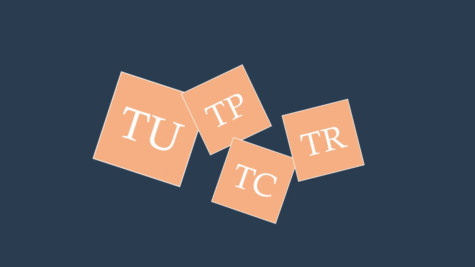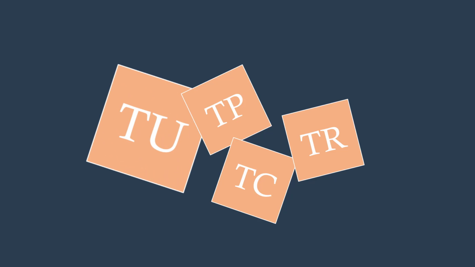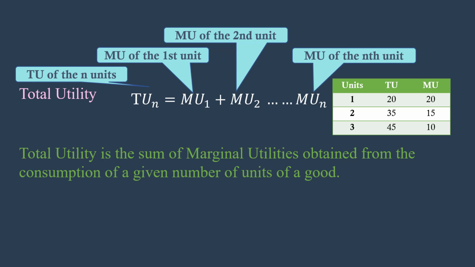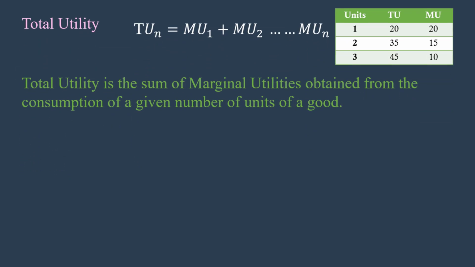We shall turn to the definitions of total utility, total product, total cost, and total revenue. We shall start with the definition of total utility. Total utility is the sum of marginal utilities obtained from the consumption of a given number of units of a good. State the formula also. First, master this definition. We shall define total product.